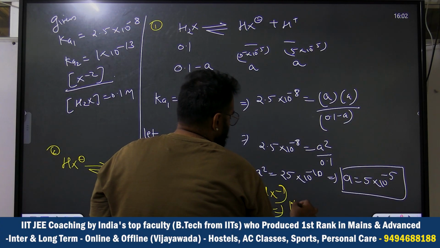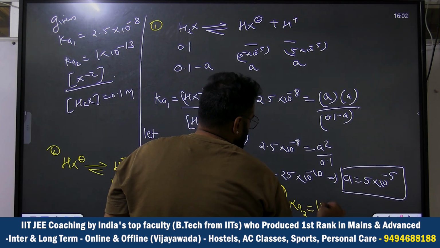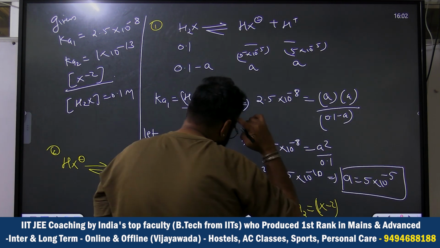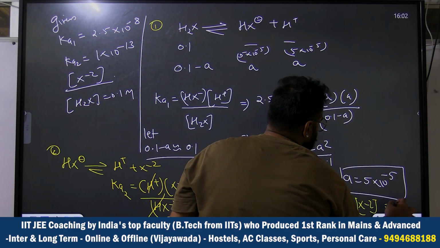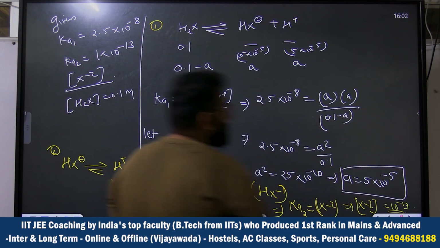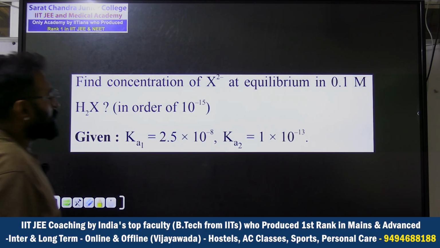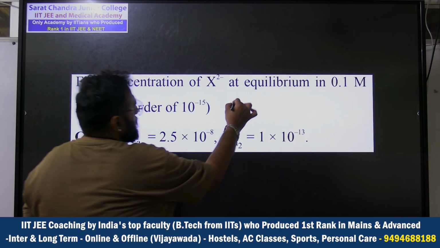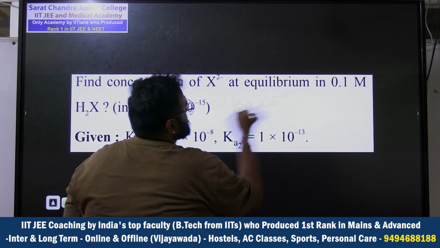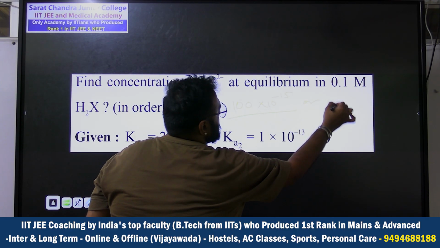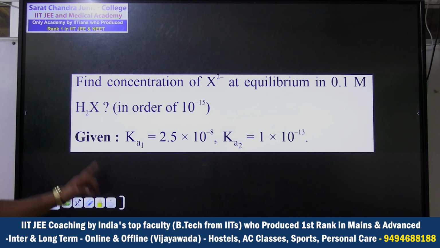So Ka2 is equal to the concentration of X minus 2. That is, the concentration of X minus 2 is equal to how much? 10 to the power minus 13. So the answer will be 100 into 10 to the power minus 15, or 10 to the power minus 13. This will be your answer for this question.